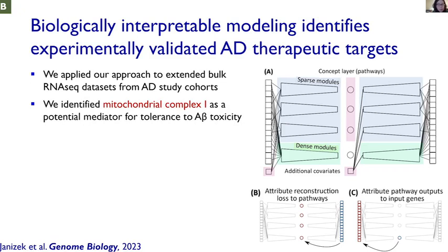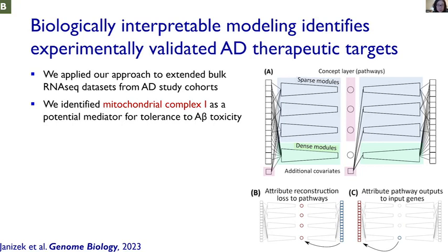We first identified oxidative phosphorylation as an important pathway in this AD data set. Again, this data set has healthy controls, in a case-control setting, so you see both kinds of brain data. This pathway was the most important in explaining the expression variation across the samples.